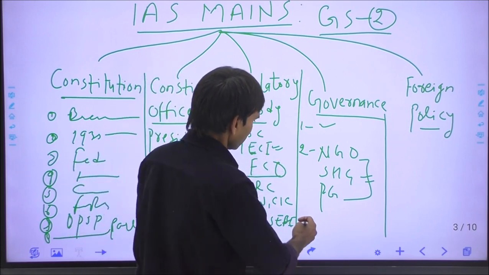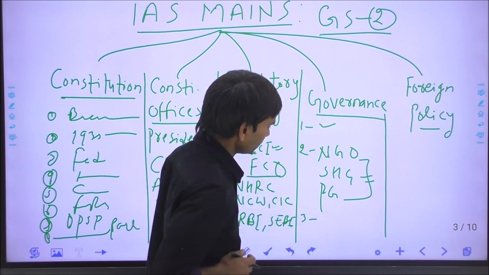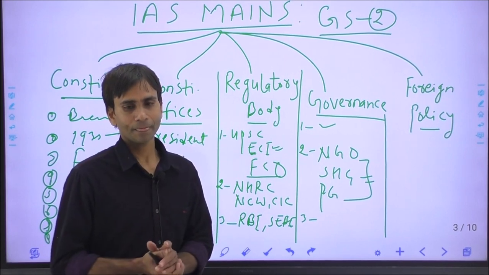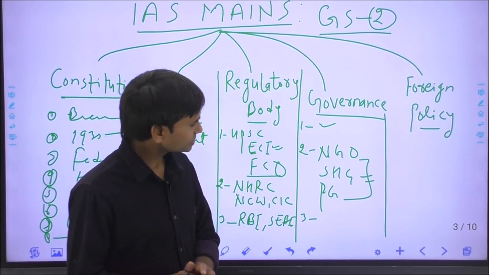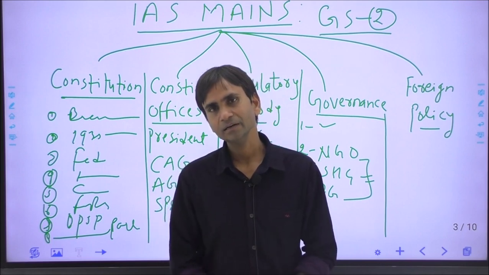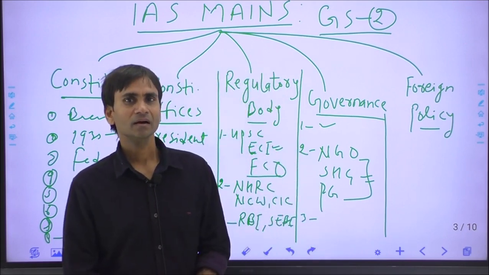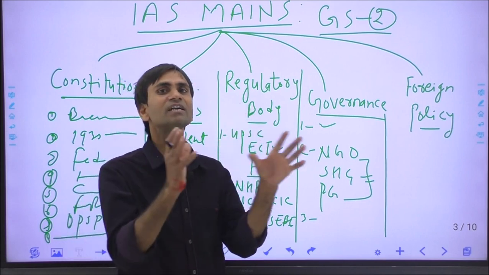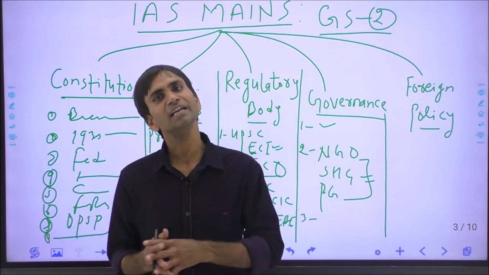And governance plays an important role in development, and development is a primary requirement of society and country, but there are some byproducts or side effects of the development process in India.